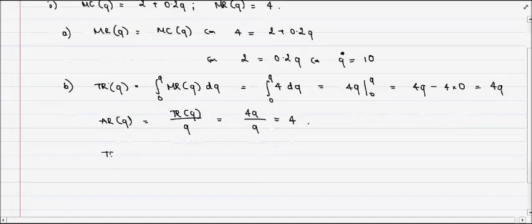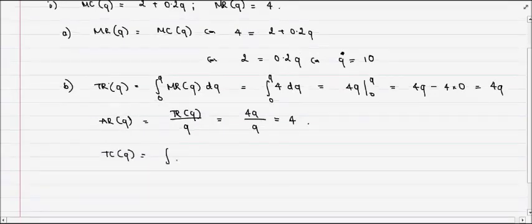Total cost is very similar. It's going to be the integral of the marginal cost evaluated in the interval from 0 to q. So that is the integral of 2 plus 0.2q dq, with q going from 0 to q.